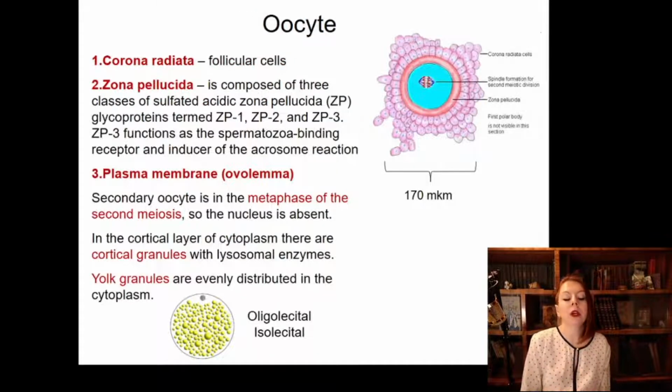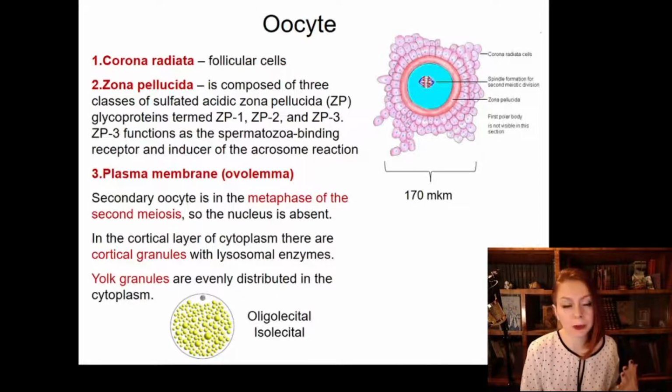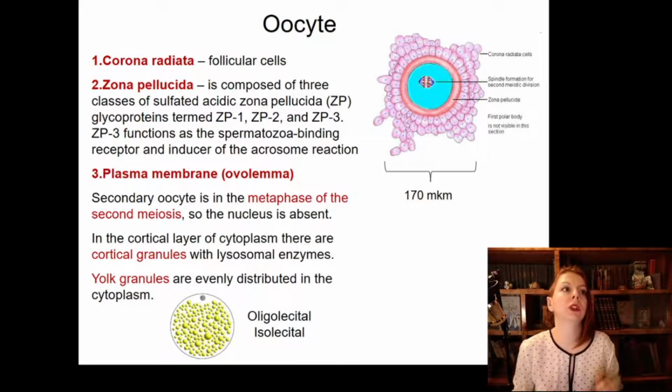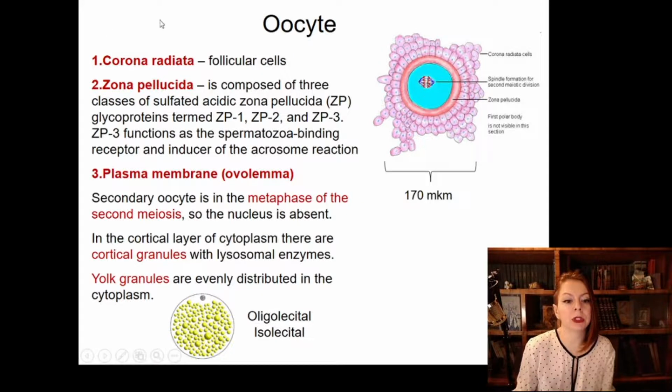Okay, then, as we have discussed the structure of the spermatozoon and different problems associated with that, we have to discuss the structure of the oocyte. So this is the female gamete cell with 23 chromosomes in it, and it differs from the spermatozoon as it is huge, compared with the sperm, 170 micrometers in diameter.